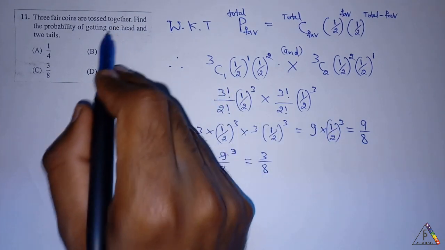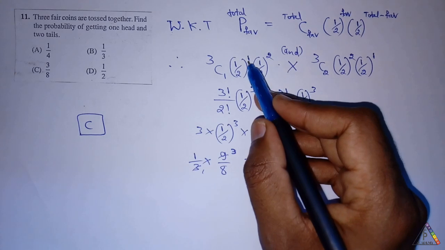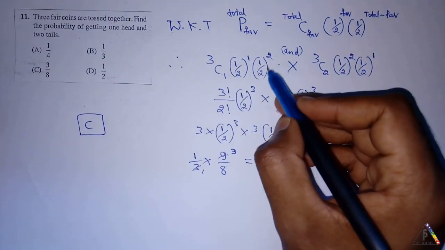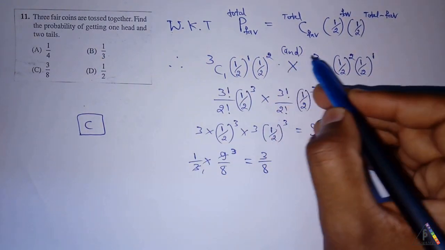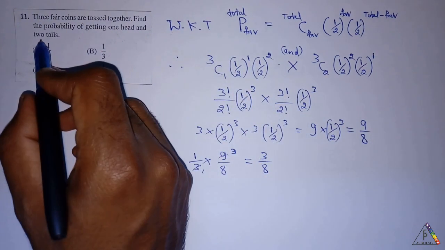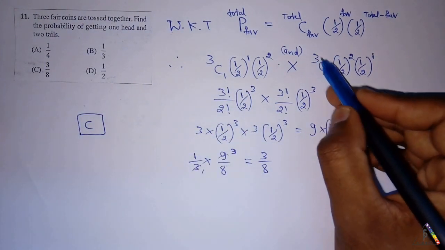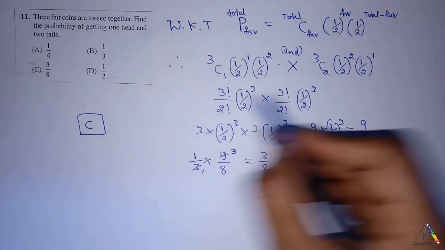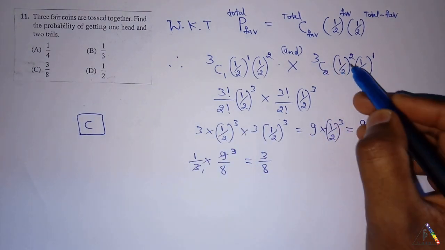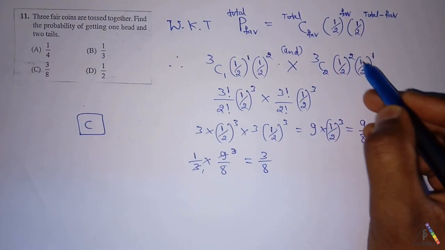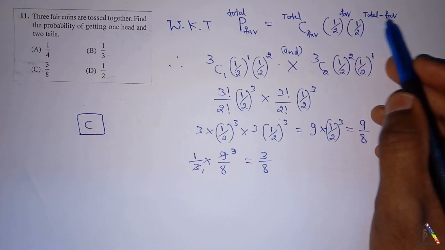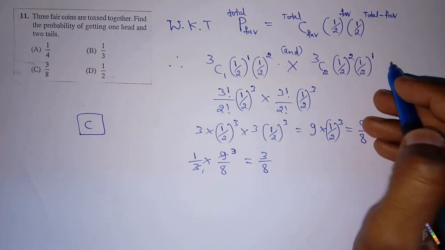Favorable is 1 head, therefore into half to the power of favorable, which is 1, into half to the power of 3 minus 1, and they are asking for 2 tails. Therefore, total is 3, favorable is 2 tails. Therefore, combination with the 2, half to the power of 2, into half to the power of 3 minus 2, that is 1.